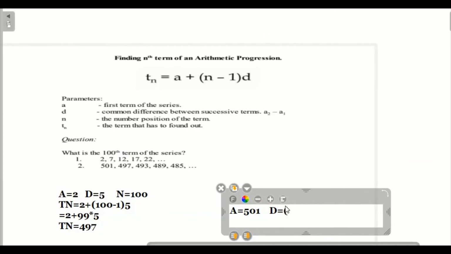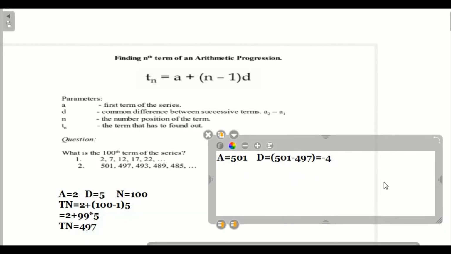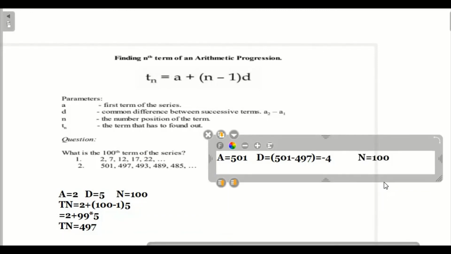So the difference is minus 4. Then we have to see the n value. So we have to find for n equal to 100. So we have to substitute in the formula.